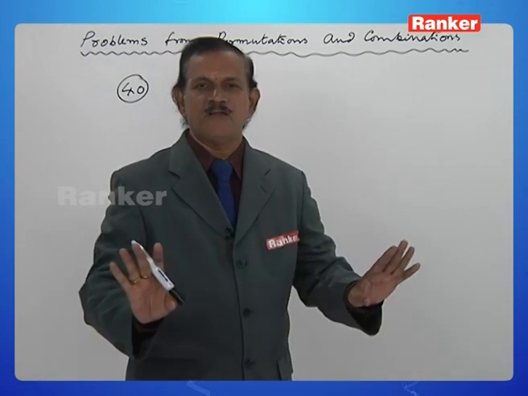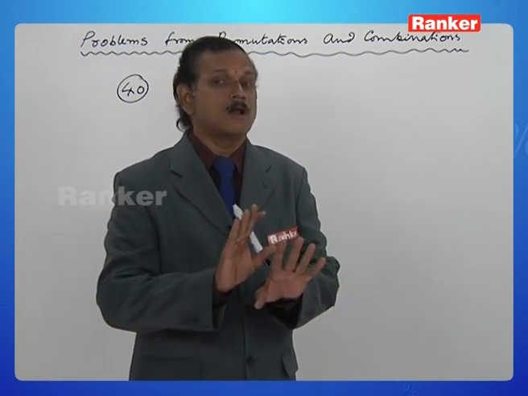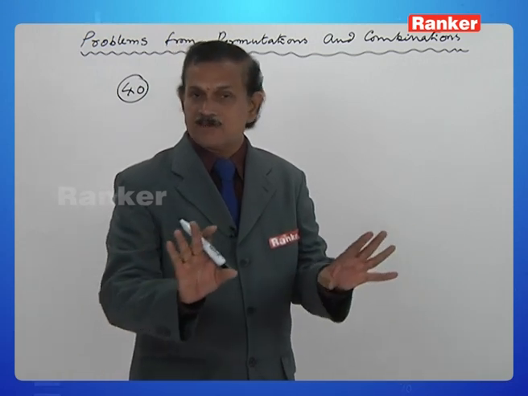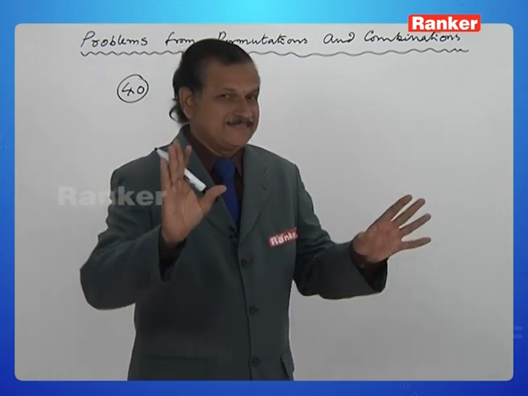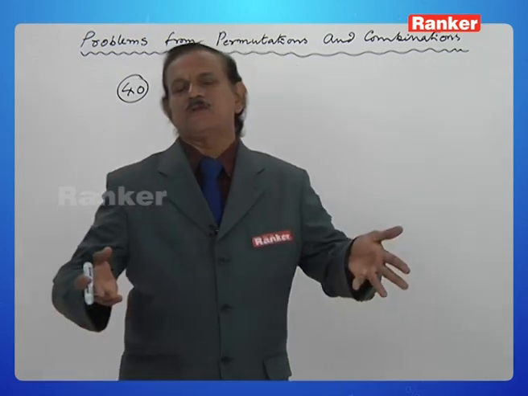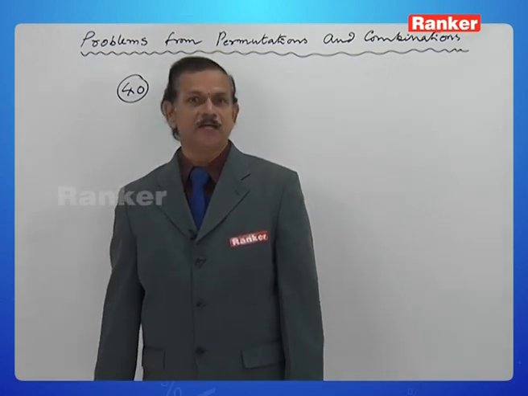He has not mentioned non-negative integral solutions or positive integral solutions. Such type of words have not been included in the question. He has just asked for the number of integral solutions only. You have to keep that in mind.